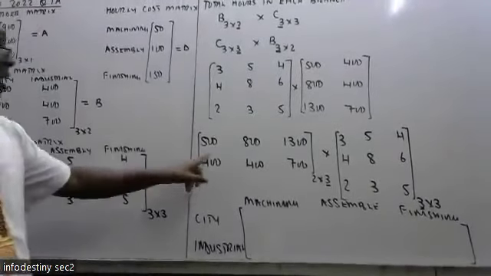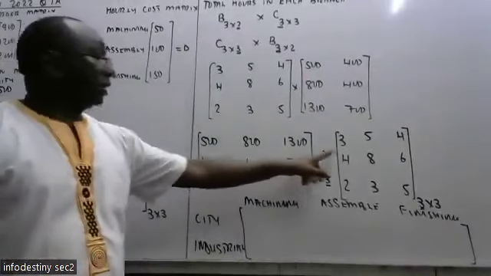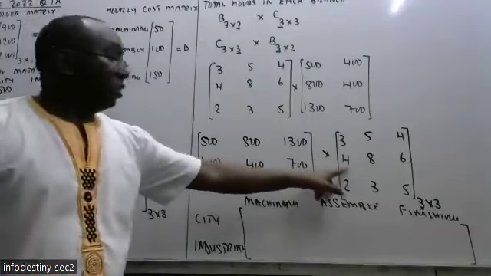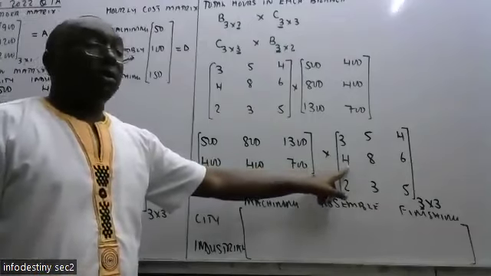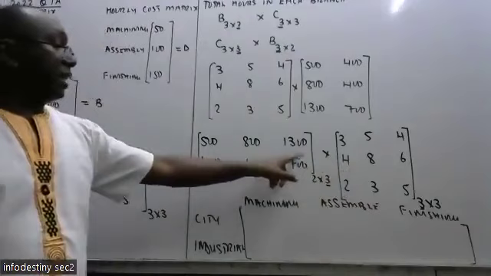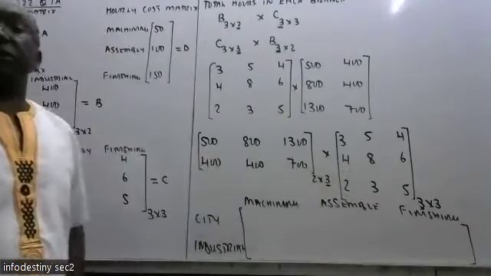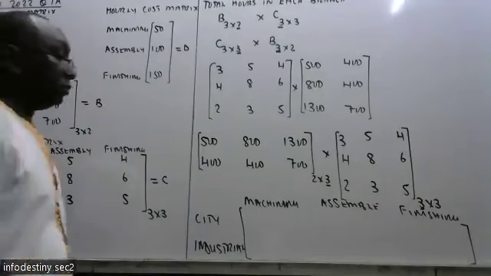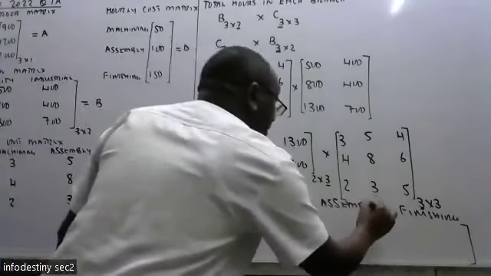So, sema 500 times 3 plus 800 times 4 plus 1300 times 2 equals 7,300.